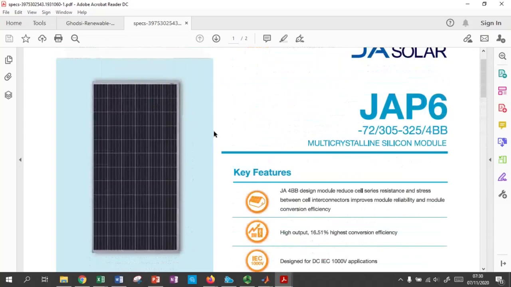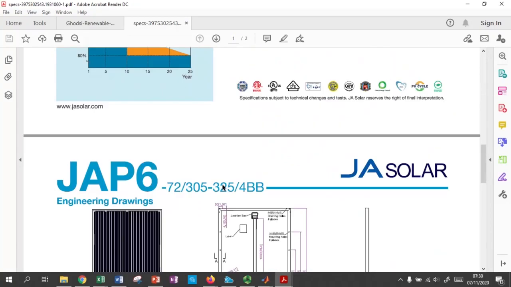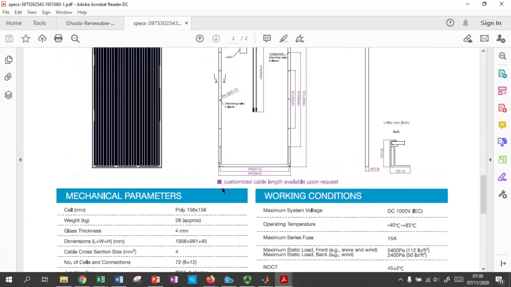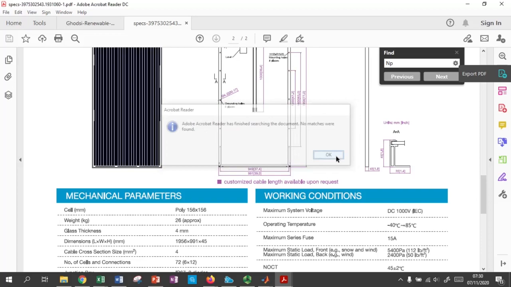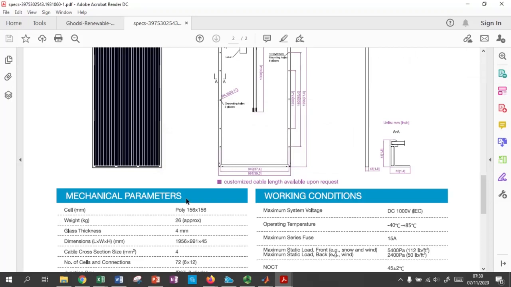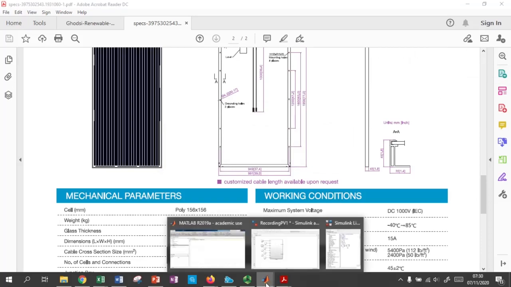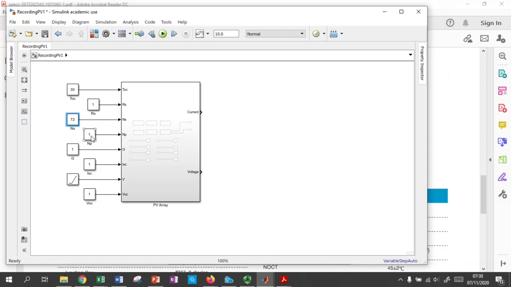Yes, NP is equal to 1. Is NP written or not written? Not written. Okay, it's not mentioned. NP is considered as 1.